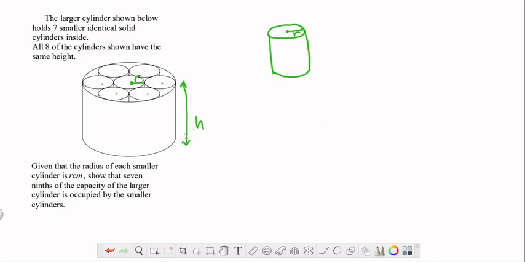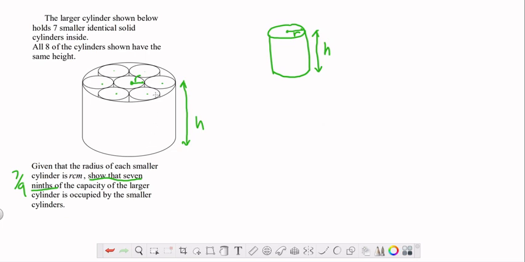We'll call it r, well that's what they've called it, r centimeters. And obviously the height, I use h. Show that 7/9 of the capacity of the large cylinder is occupied by the smaller cylinders.